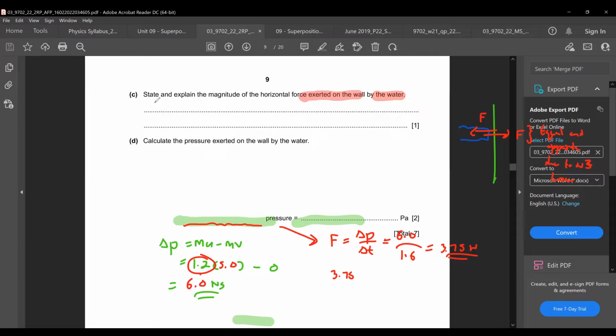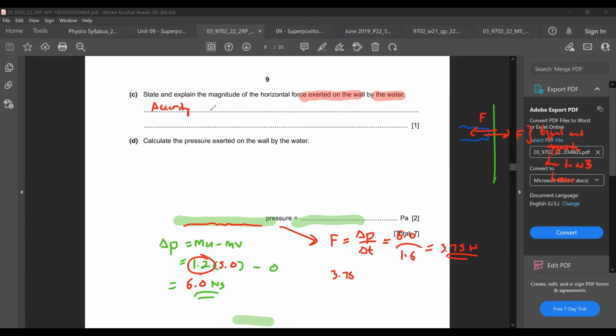I can probably just write this now. According to Newton's third law, the force on the wall by water is equal and opposite to the force on the water by the wall.